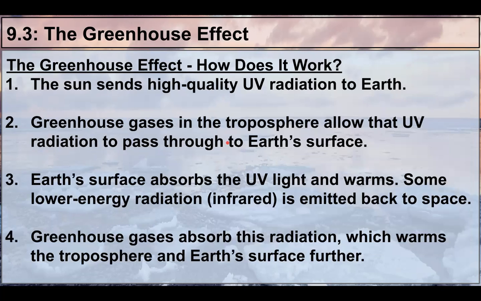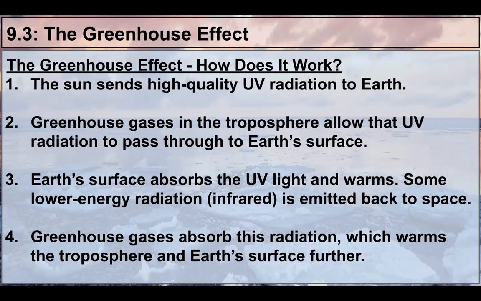Okay, so how does it work? Basically, we know that the sun sends UV radiation to the earth, UV being ultraviolet, and that ultraviolet light is able to travel through the atmosphere to Earth's surface, where it is going to either get absorbed or reflected. So a good bit of that UV radiation does get reflected back into space, but some of it gets absorbed.